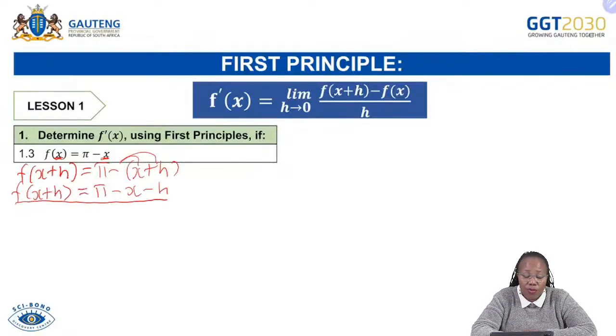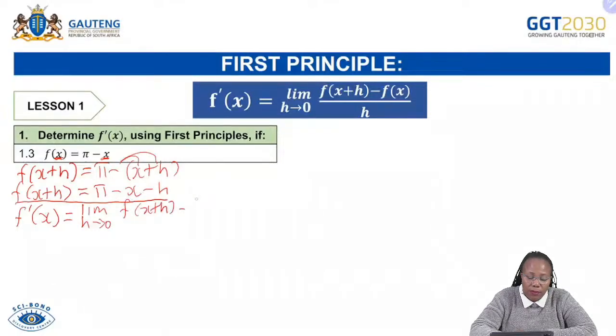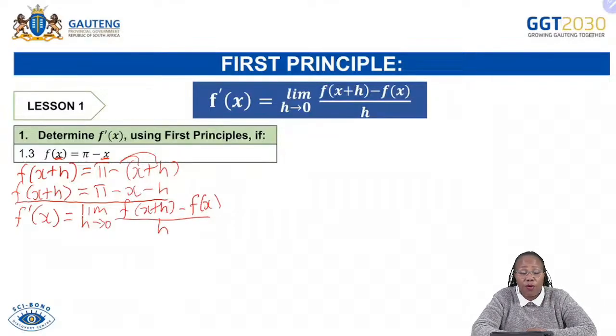And then now into the first principle formula, f derivative of x is equal to the limit of h approaching 0 of f at x plus h minus f at x all over h. After copying correctly, double checking everything is correct, I can now substitute the limit of h approaching 0.